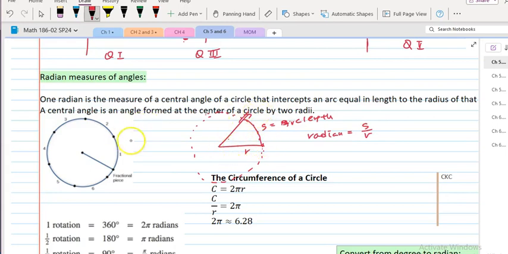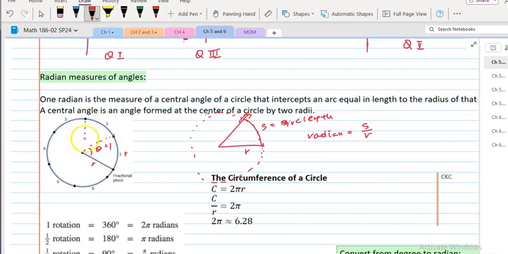So if you have the radius r, 1 r would be here. This particular angle would be theta equal to 1, not 1 degree, but 1 radian, because it is associated with an arc length of exactly r.